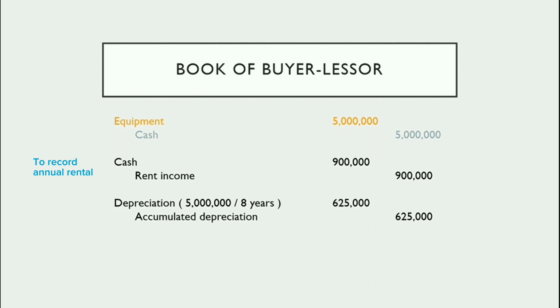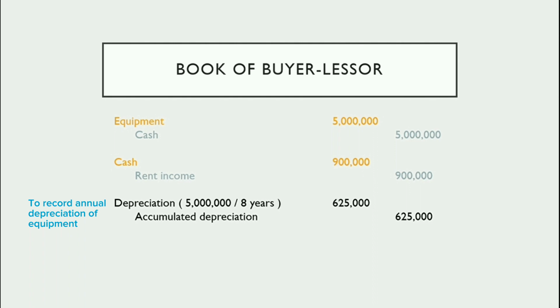Number 2 is to record the annual rental. So dito, we will debit cash 900,000 and credit rent income for 900,000. Ma-account siya as rent income kasi ikaw ang lessor. Then lastly is to record annual depreciation of equipment. So asset automatically mag-depreciate talaga siya basta may useful life.